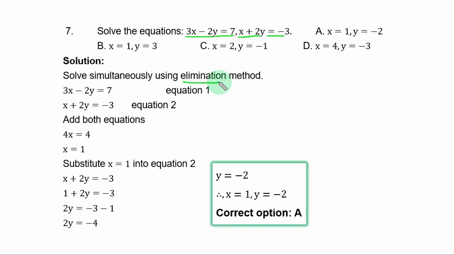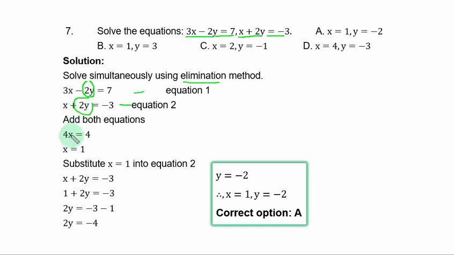The two equations, you label them as equation 1 and 2 in this form. For us to eliminate, the best variable to eliminate is y, because it has the same coefficient in both equations. Since the signs are opposite, you simply add.